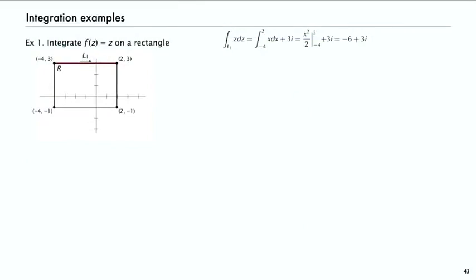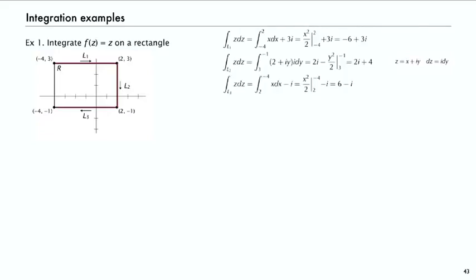So if you're integrating on x, then you can just leave the y part alone and just integrate. In this case, it's minus 6 plus 3i. This next one is the one I did before, which is 2i plus 4. This next one goes the other way. It happens to be at i, so it's 6 minus i. And this other one goes up the other way.